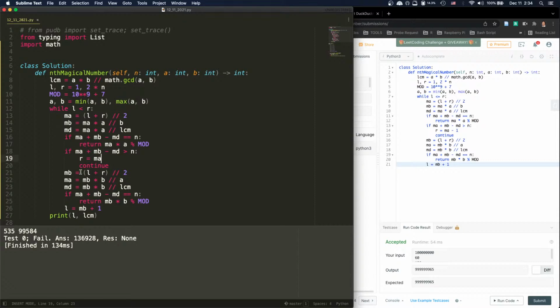Why do we do left equals? Yeah, that's the issue. Hold on. 884, yeah, this one's too small, right?